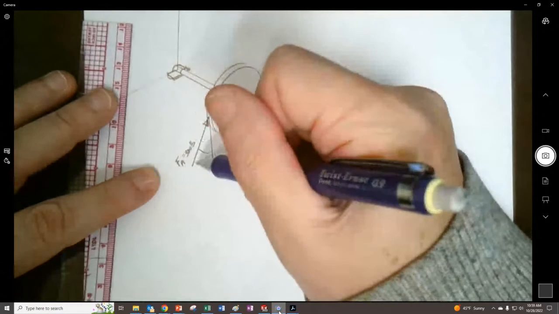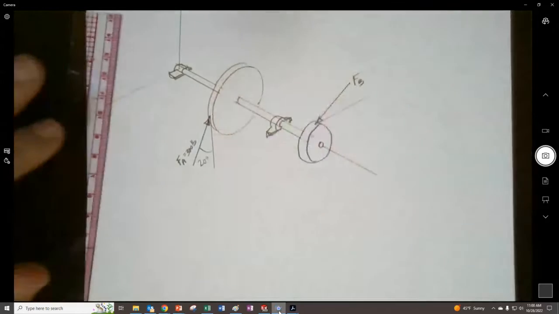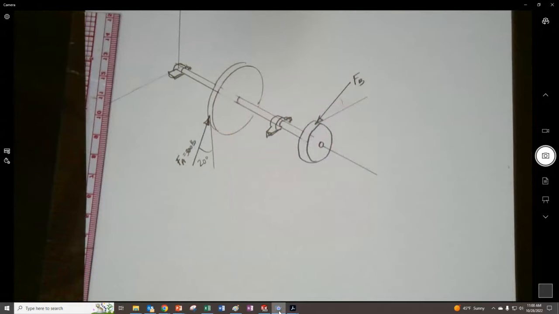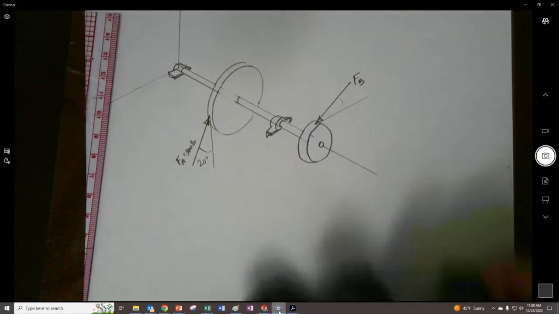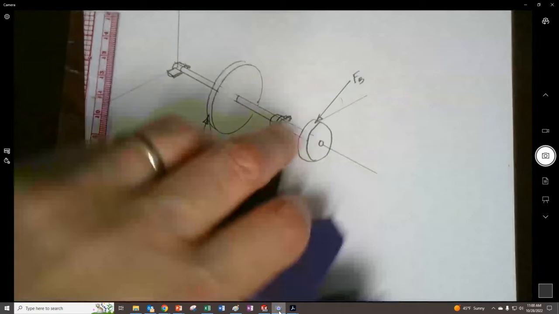and that causes... Let's see. I can actually show you right here. I can have it sitting right here. I don't have this guy's partner, but I have this little gear right here.